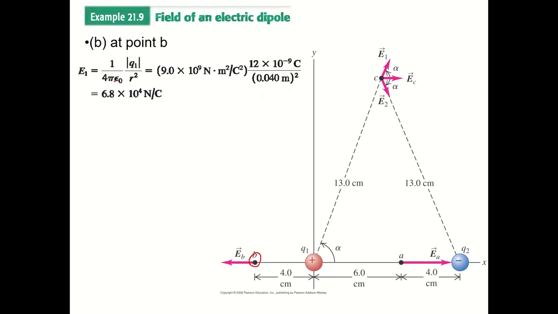Same value for this constant as in the previous slide. Then same charge, but now the distance from Q1 is only 4 centimeters, or 0.04 meter. You square that, so you get 6.8 times 10 to the 4 newton per coulomb.